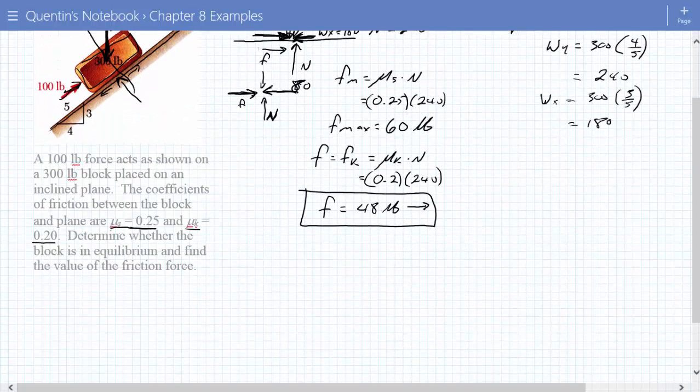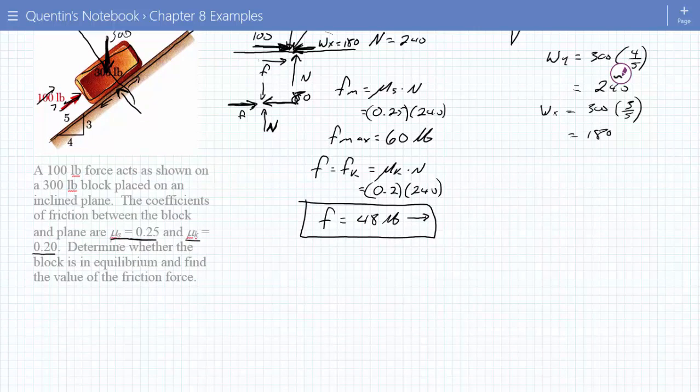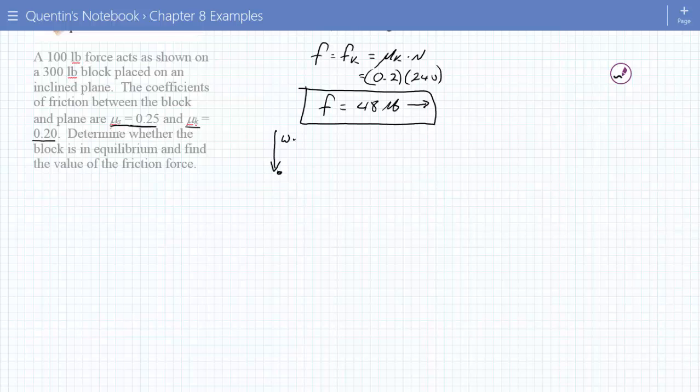But to me, I find a slightly more interesting thing of, hey, what happens if this 100 becomes 200? Okay, so now let's look at this point, right? You have a force here. This is, again, we call this Wy. You have Wx. Well, I'll just put in what the actual number is. This ends up being, what is this, 180? This is 240.